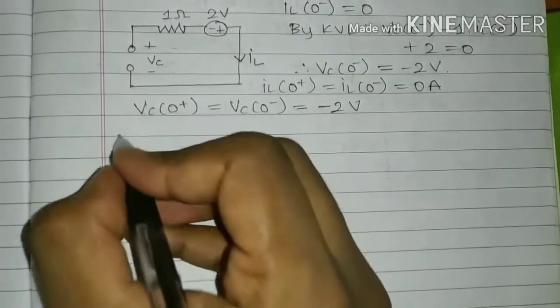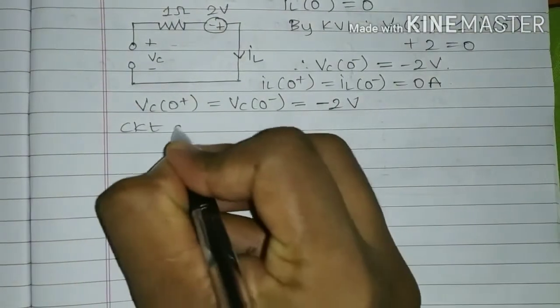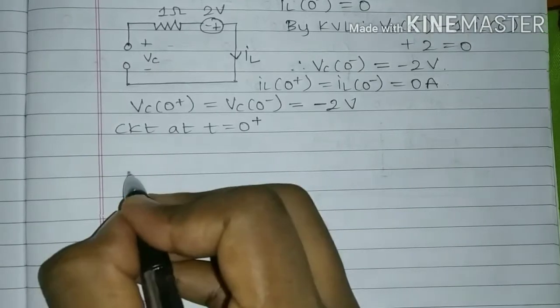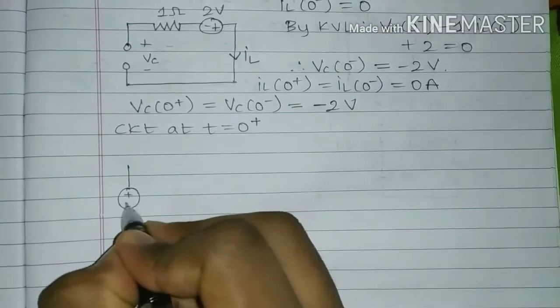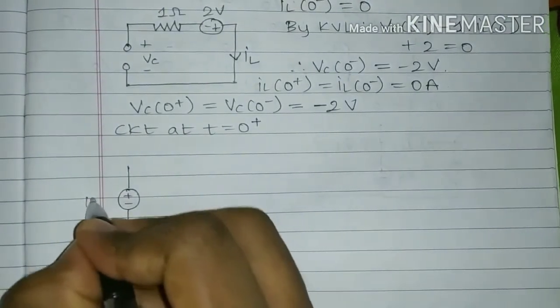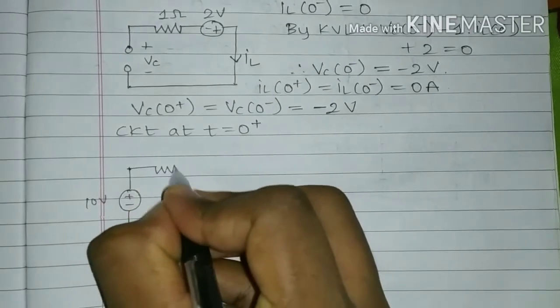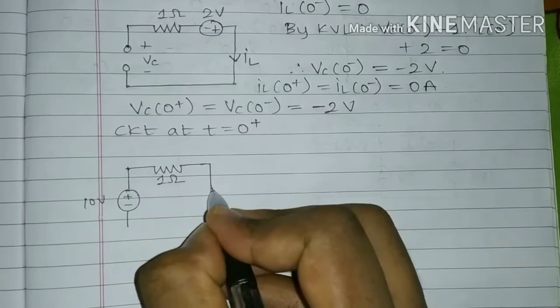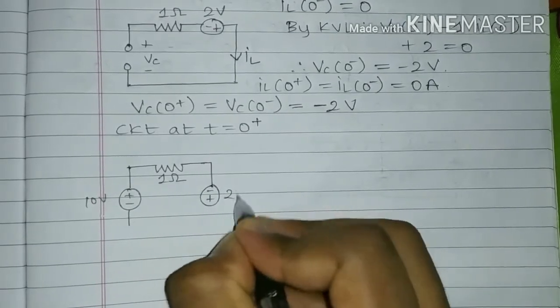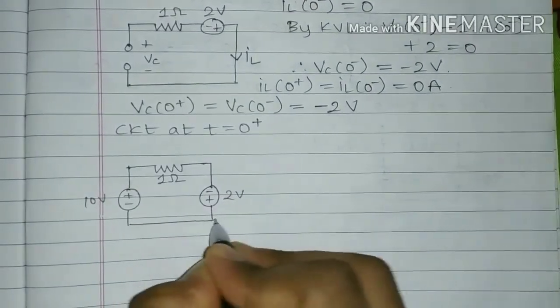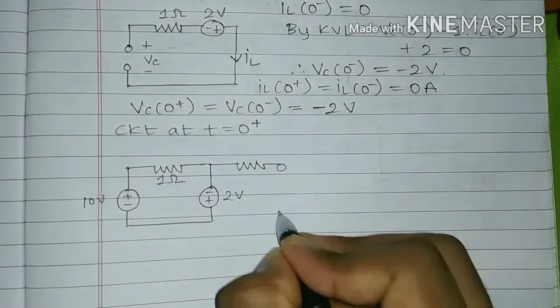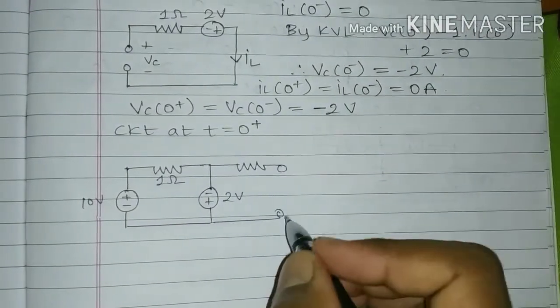So now let's draw the circuit at t is equal to 0 plus. So the capacitor will be replaced by a voltage source of minus 2 volts and the inductor with an open circuit, 1 ohm. Now I will write it as minus plus 2 volts, since VC of 0 plus is minus 2 volts, and this is the resistor and the inductor is open circuited.